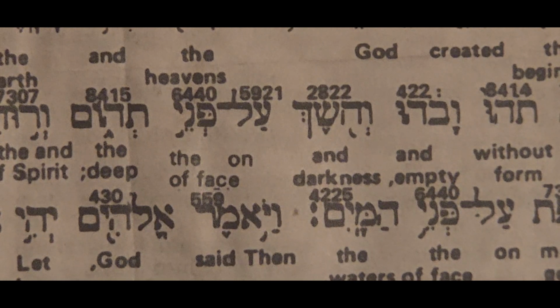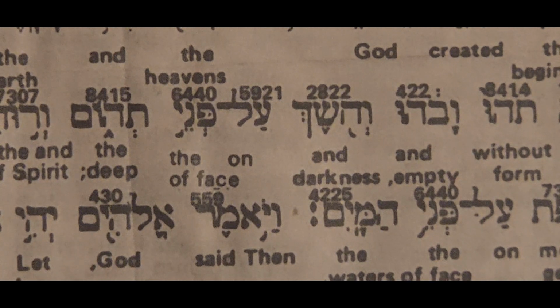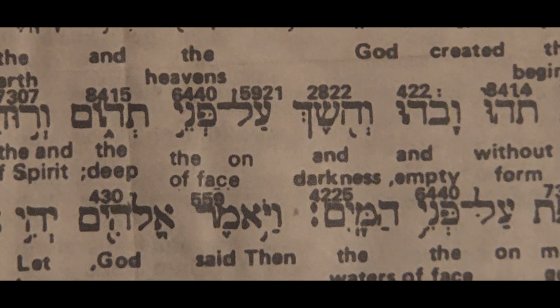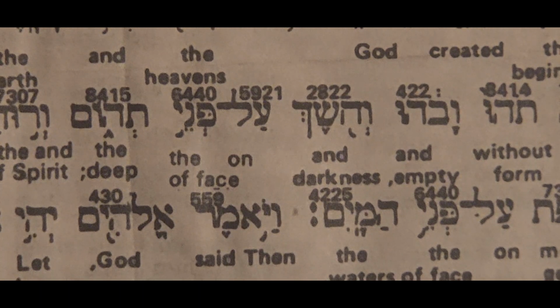The bottom line is, however, we need to understand that these words all have a similar origin, especially tohu and tehom. And if we go back to what is called the primitive root, we find that the tav is not the important part. It's the hey, vav, mem.